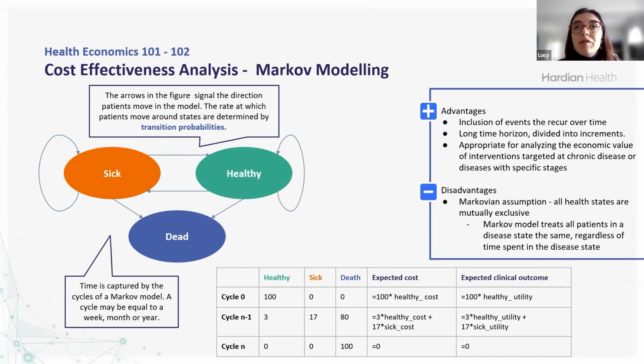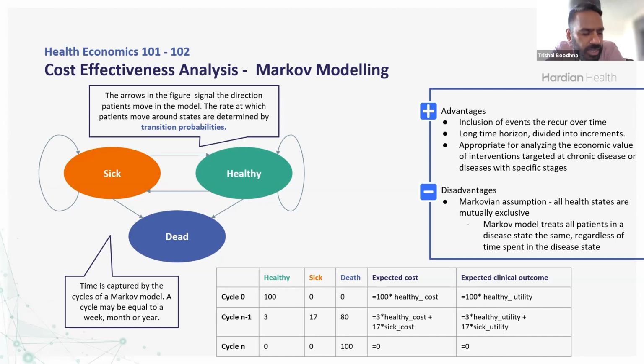This can be too restrictive and problematic with certain disease and therapy areas. Essentially, what we have to do is lump all patients together. We cannot account for patient history when they're modeled in this Markovian way.